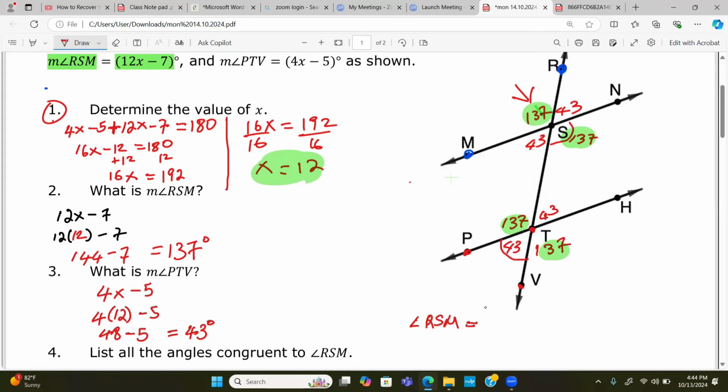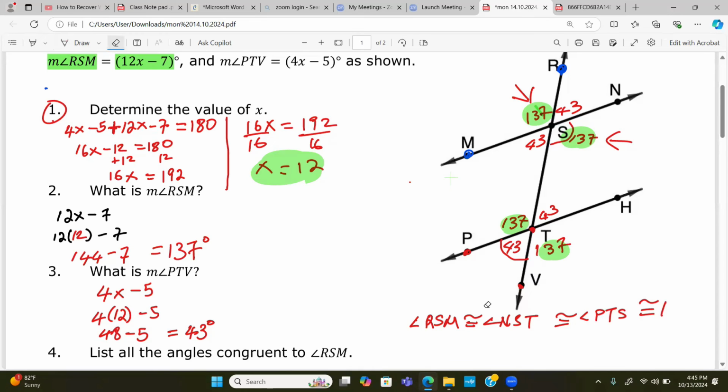They are as follows: angle NST, which is this one, and it is also congruent to angle PTS, and it is also congruent to angle HTV. All right, so there it is that we got those.